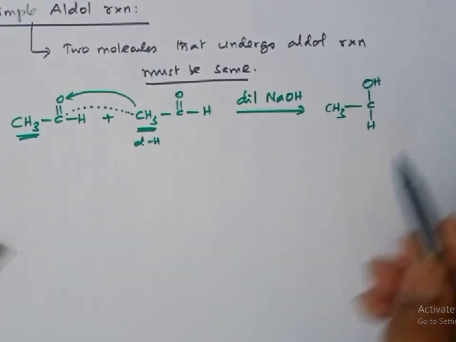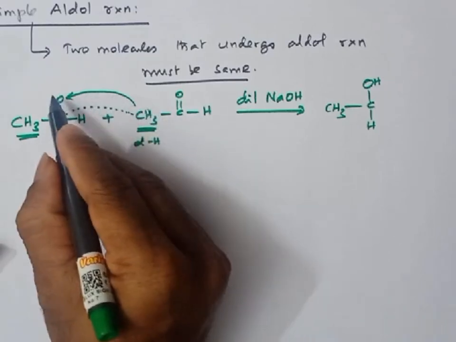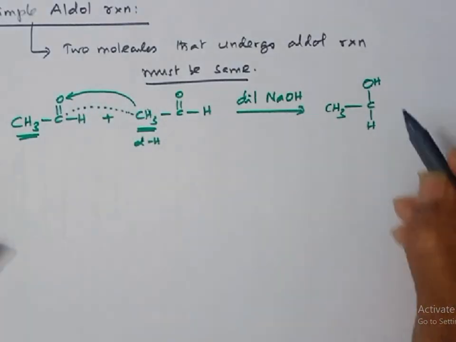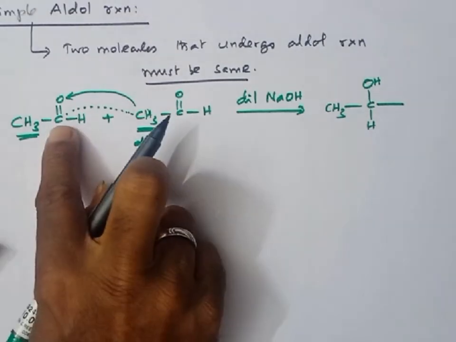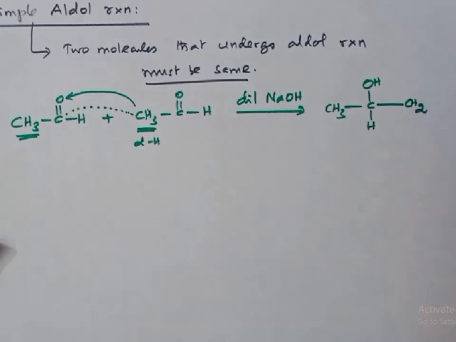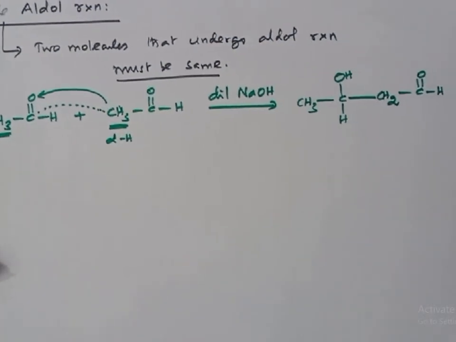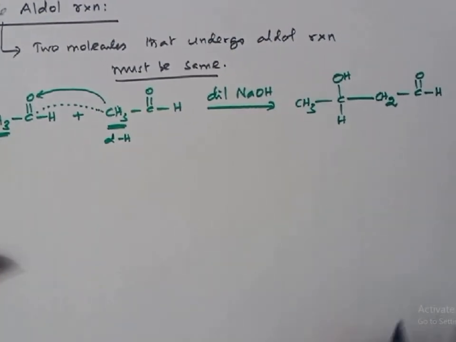So I'll put an OH group here, because the double bond becomes a single bond and one H is transferred here. Now you form a new bond between this carbon and this carbon. Now this carbon has only two hydrogens, and we have C double bond O H. Students, observe carefully.